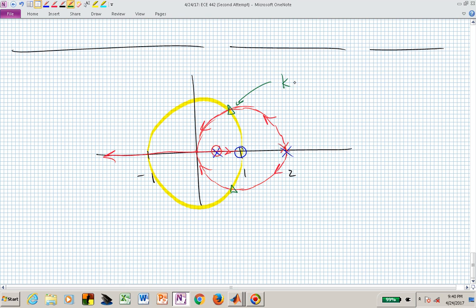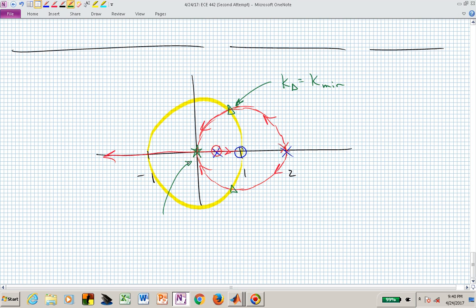So here, let's say that K triangle is our minimum value. We could crank up the gain a little bit more and get us to, let's say, right there where they're both right on top of each other.